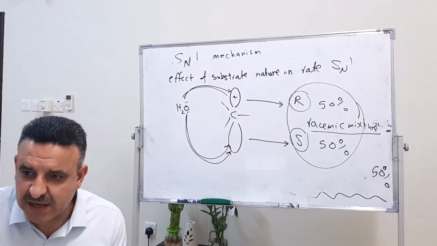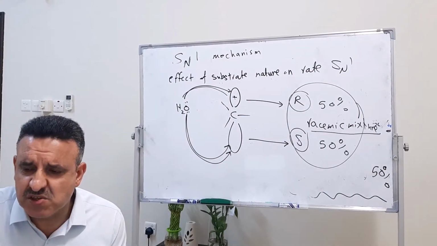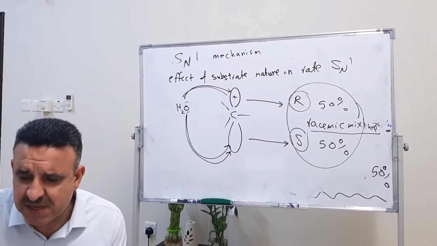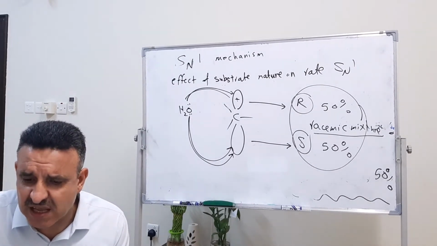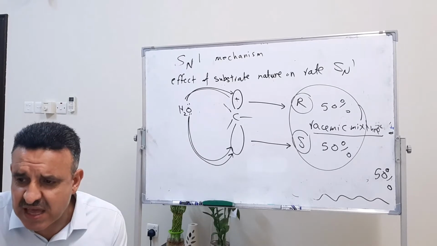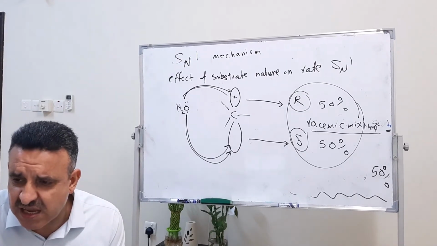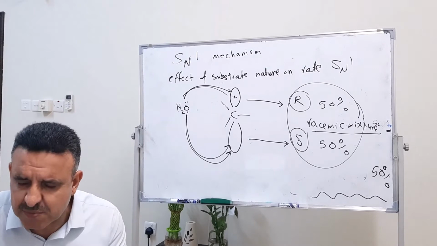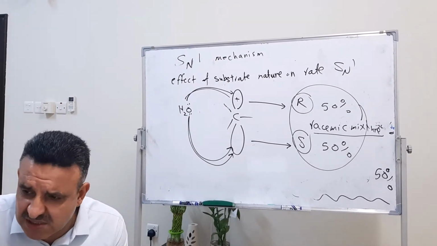All right. Now, let's talk about the influence of the substrate on the SN1 reaction mechanism. As you can see in this slide, the tertiary alkyl halides react way much faster than secondary alkyl halides. We're talking about the stability of the carbocation.